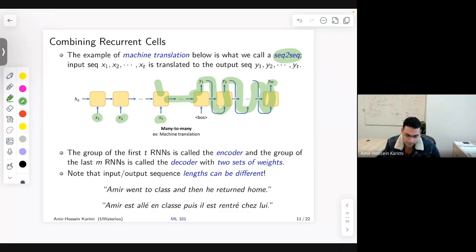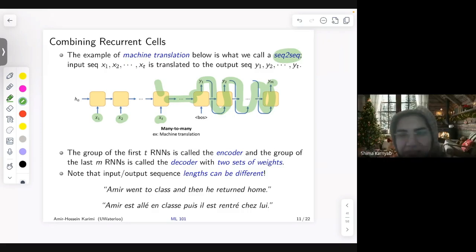Yes, Jim. Sorry, a stupid question about the machine translation. How does the network after training understand that this time it should output 3 words, or that the other time it should output 5 words? That's a very good question.